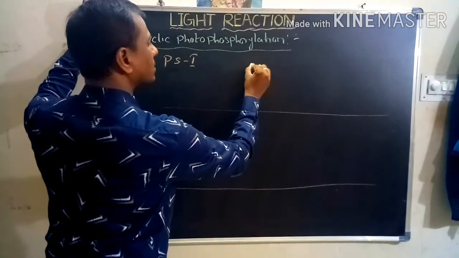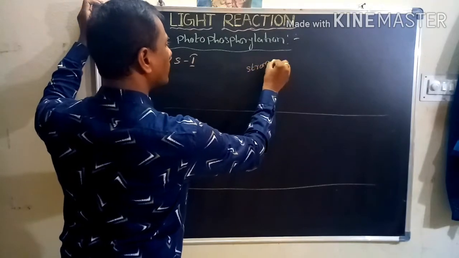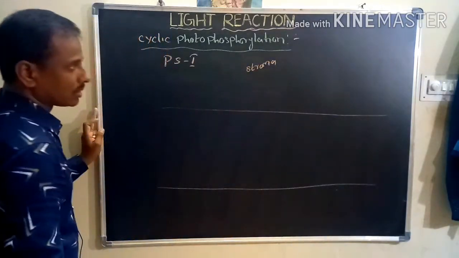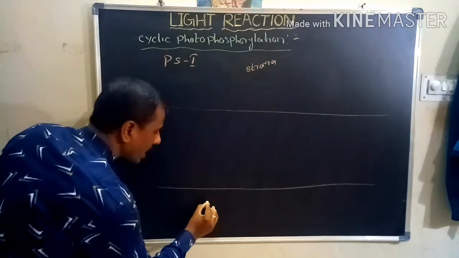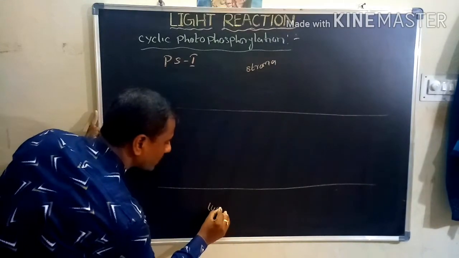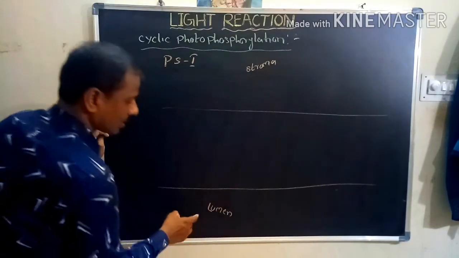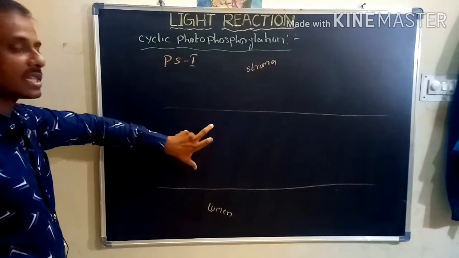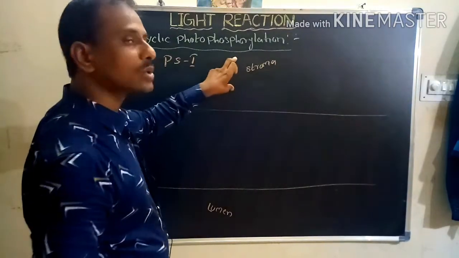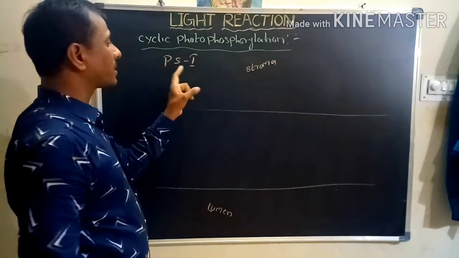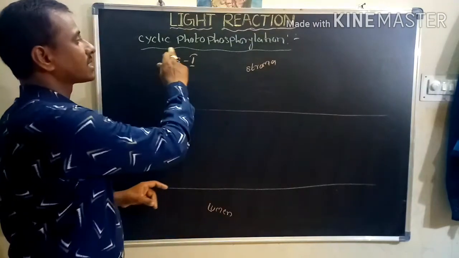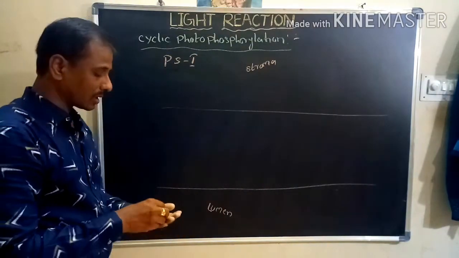This part is stroma. The inner portion is lumen. This is the thylakoid membrane. Only pigment system 1 participates in cyclic photophosphorylation.